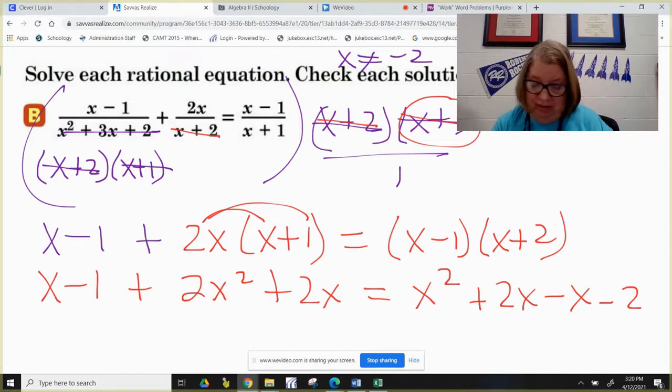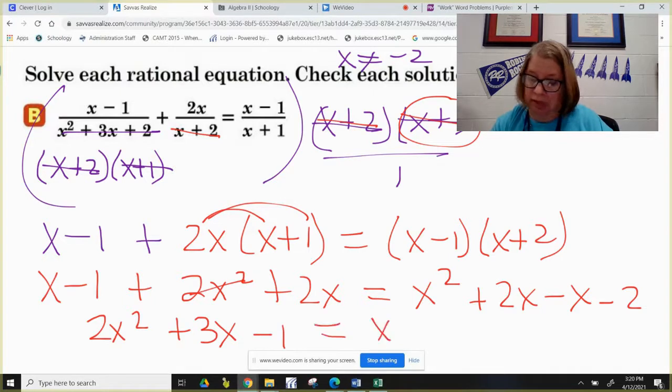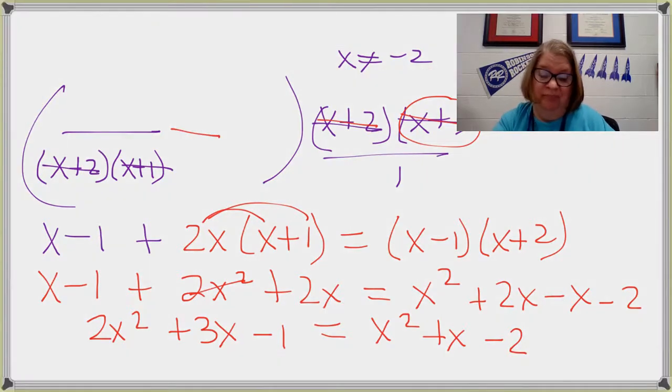Okay, now let's clean it up. We have on this side 2x squared plus 3x minus 1 equals x squared plus x minus 2. When it's quadratic, you want to get everything to one side and make it equal to 0.